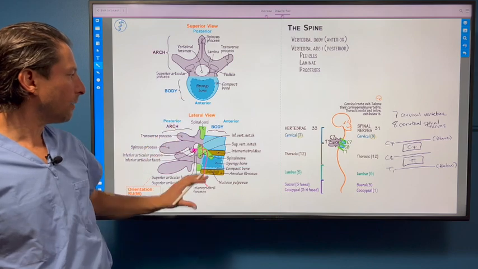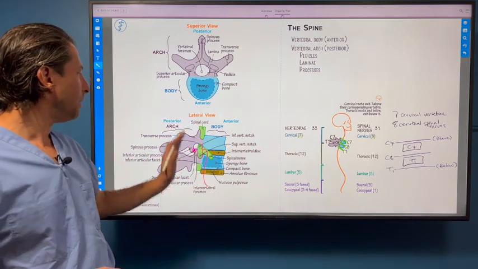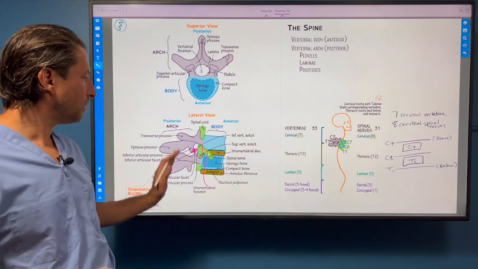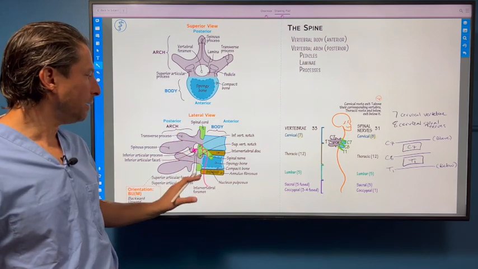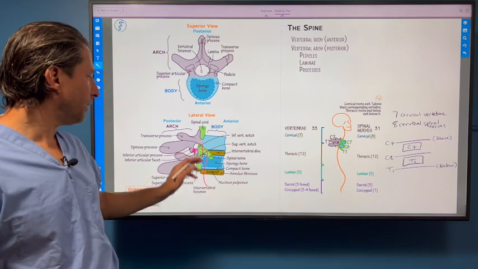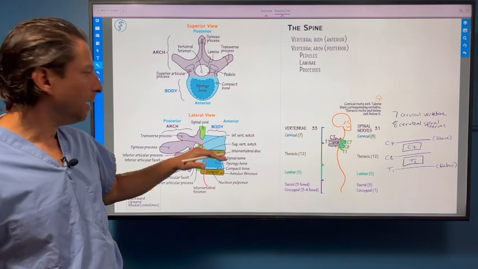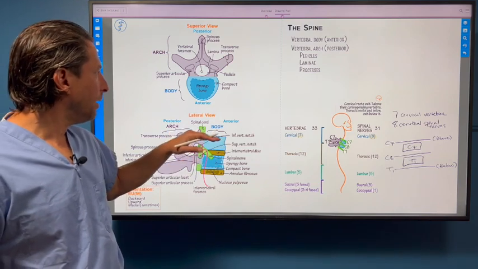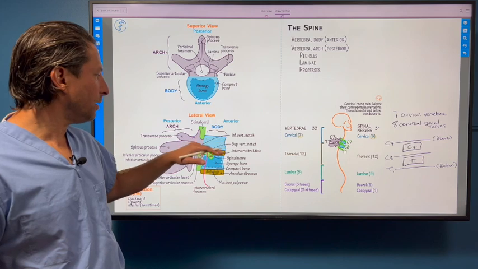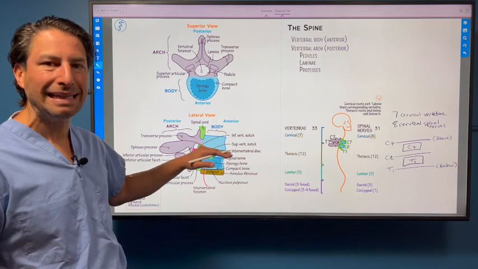This is a lateral view. Again, here we have the body anteriorly, and then we have the arch posteriorly here, various processes. We can see the spinal nerve emanating here from the intervertebral foramen right here. And then in between these bony structures here, the vertebral bodies themselves, are intervertebral discs.